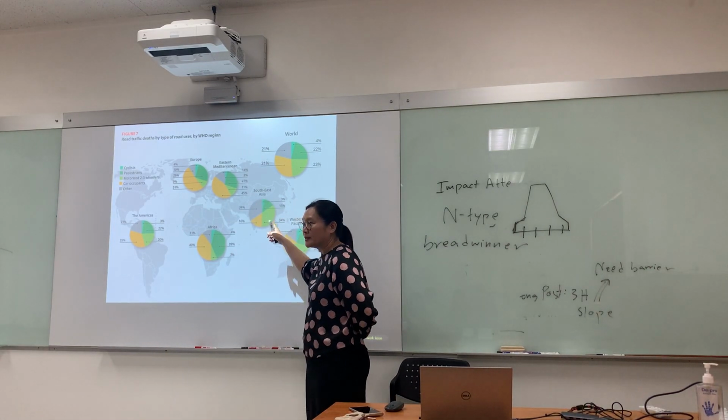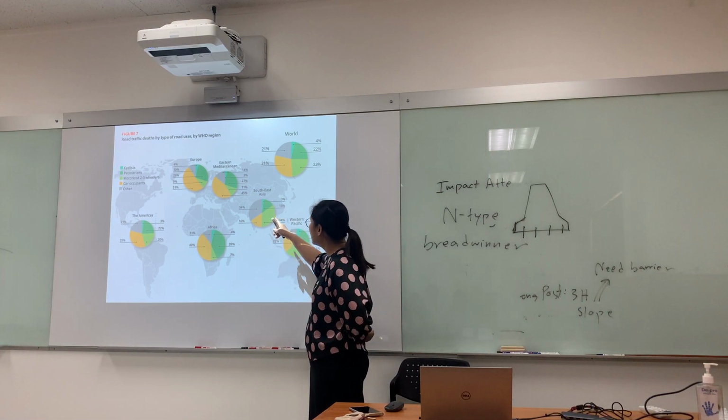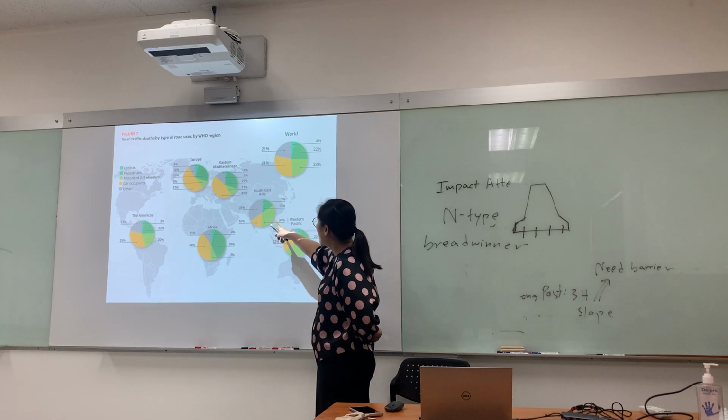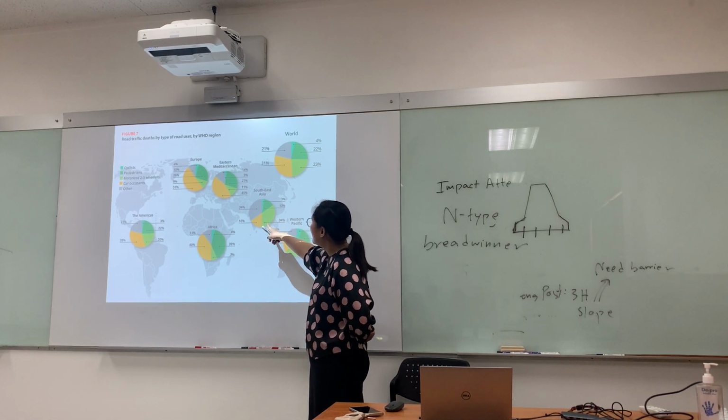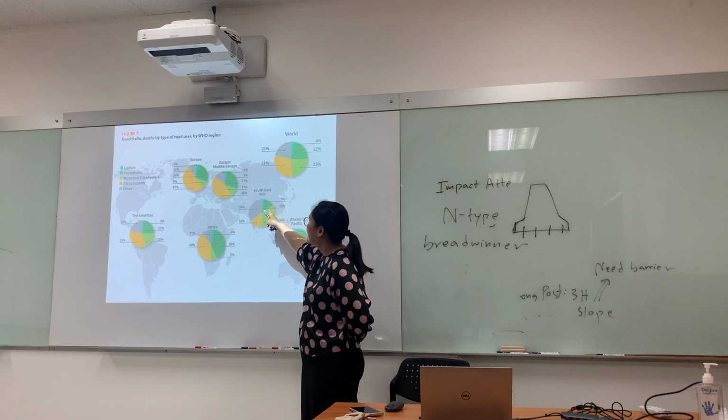In our country, say in Myanmar, Cambodia, Thailand, Nepal, Pakistan, we are the same here. 34% motorcycle, followed by 16% car, and then pedestrian.